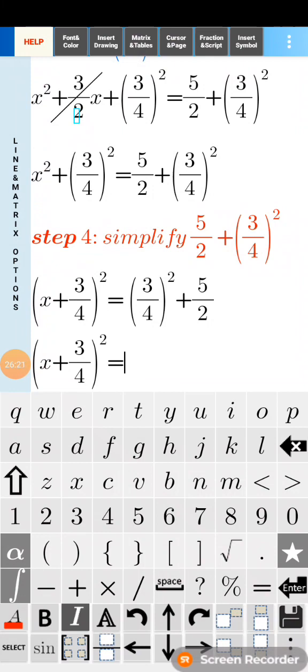Now I have to open that bracket, the 3/4 in the next question. I have to open it. So when I want to open this bracket now, the square or the fraction here, I'm going to square them.